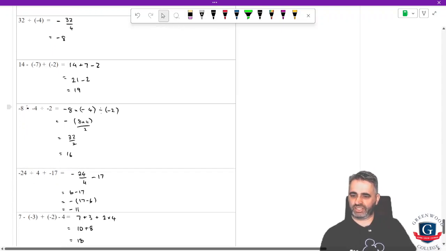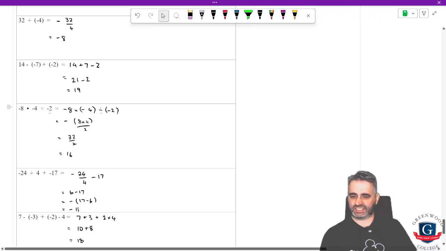This dot here is a very old-fashioned way of saying multiplication, more common in print texts, and back 30 years when I learned maths. Not so common now, but you might still see it, so here's an example of it. As you can see, the dot's in the middle rather than at the base like it is for a decimal point typically. Minus 8 times minus 4, minus becomes positive.